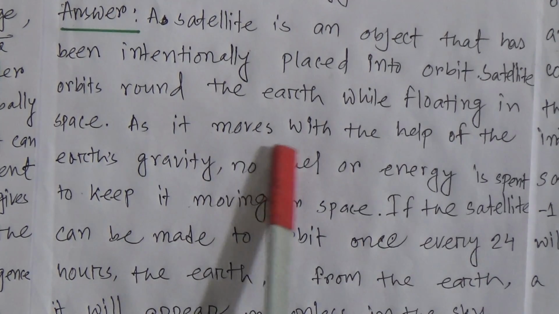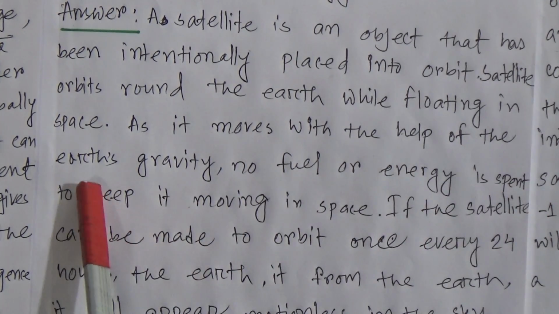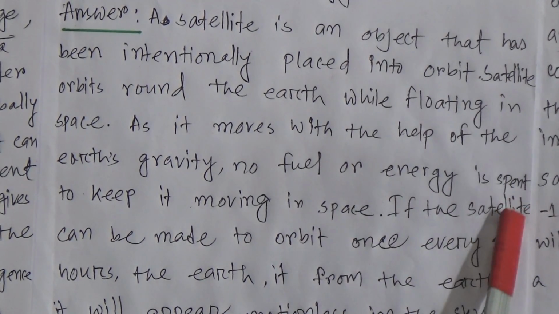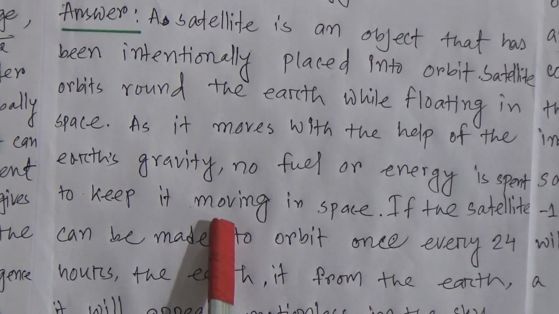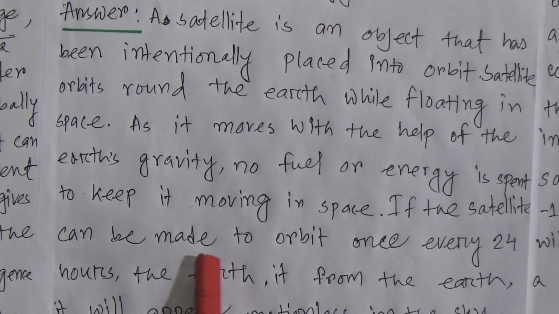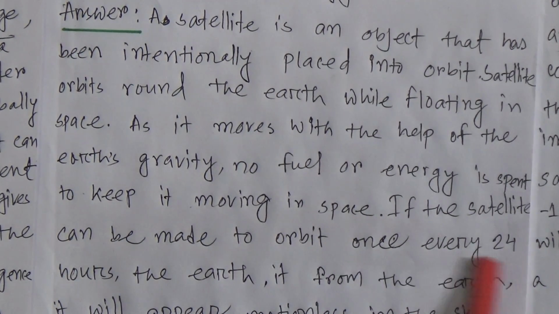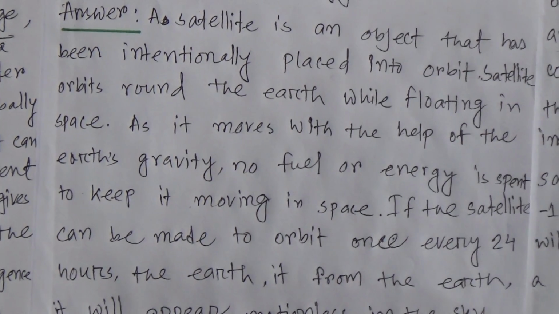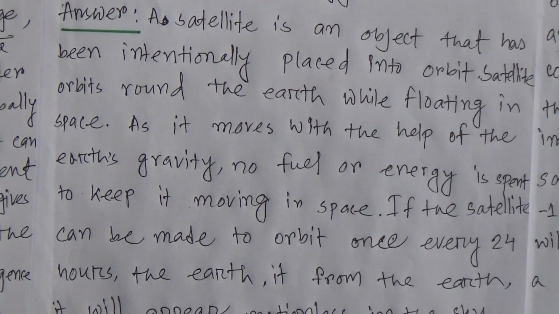As it moves with the help of the Earth's gravity, no fuel or energy is spent to keep it moving in space. If the satellite can be made to orbit once every 24 hours, from the Earth, it will appear motionless in the sky. The satellite is called a Geostationary Satellite.